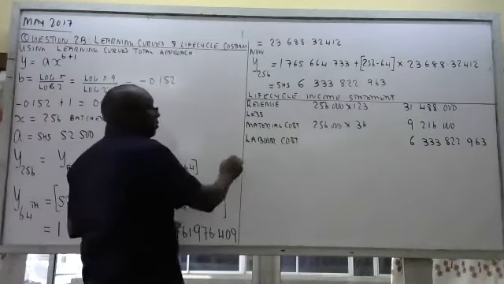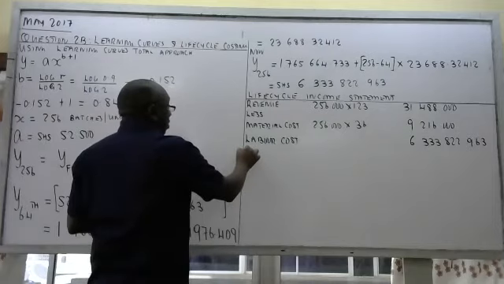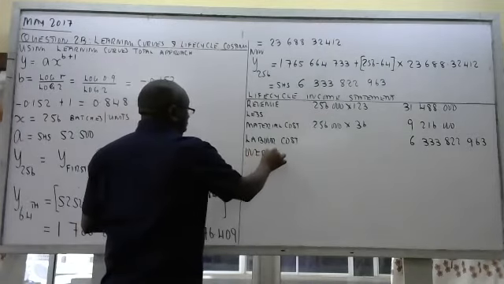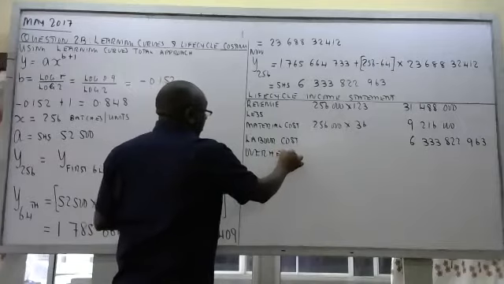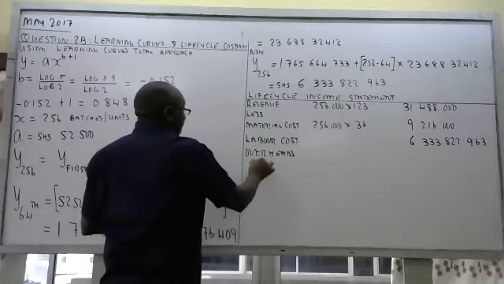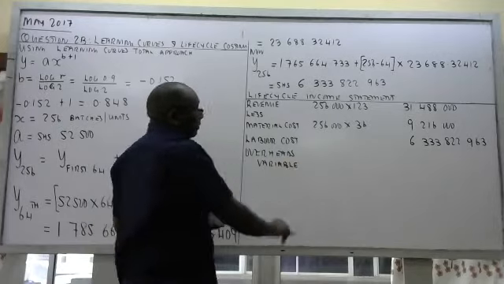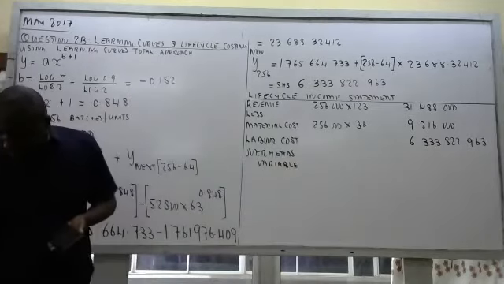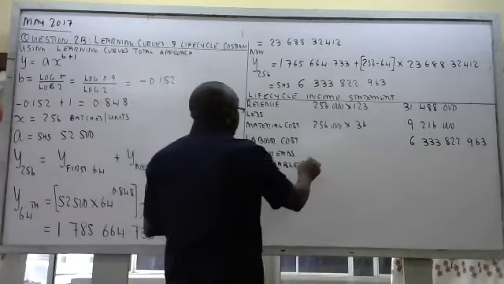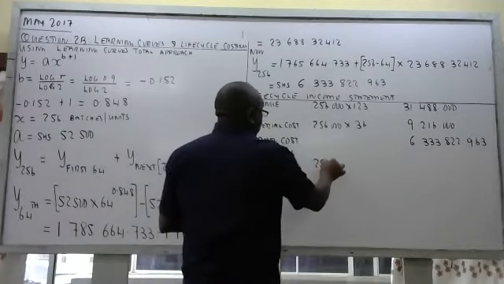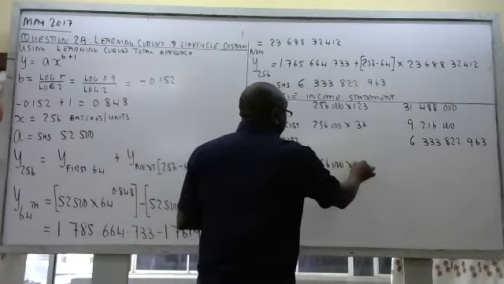Then we have variable overheads. So overheads, we have the variable ones. The variable are also per unit. So 256,000 times 24.